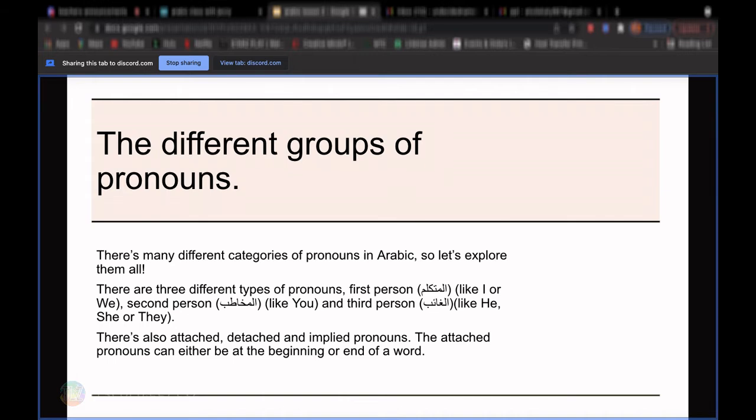Yeah, and then there's attached pronouns, right? So this is what I talked about when I first started, which is some of them are suffixes, which is just at the end of a word, and some are prefixes, which is at the beginning of a word. And there's a reason for this. There's a rule. In Arabic, usually, nothing exists for no reason.